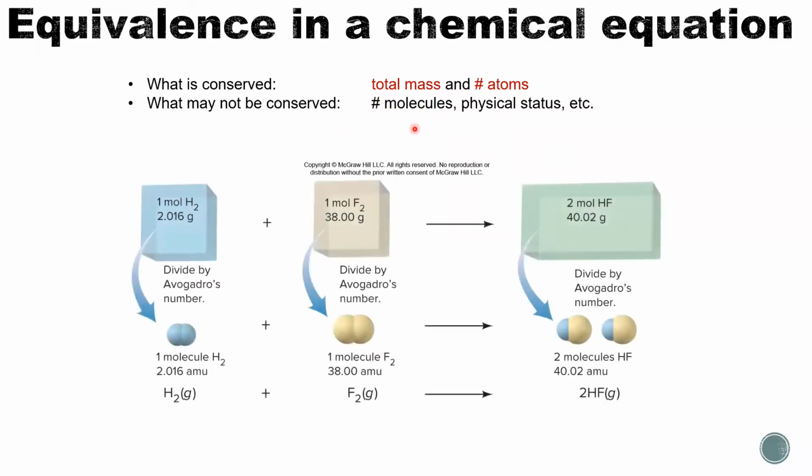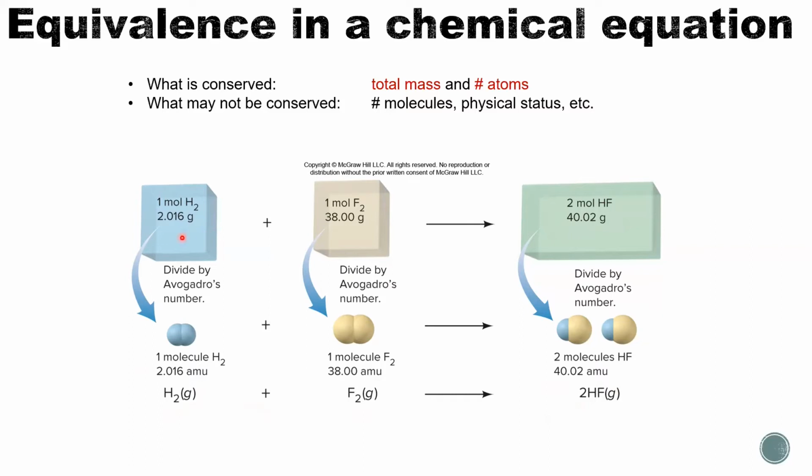Let's take a look at an example of hydrogen reacting with fluorine to form hydrogen fluoride. When I say total mass, what I mean is everything of the reactants. Reactants refers to the chemicals before reaction, and products are the chemicals after a chemical reaction.